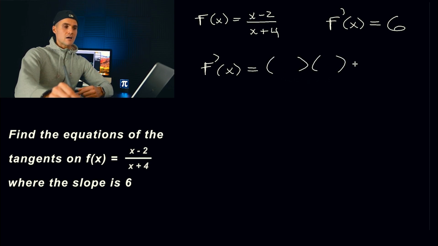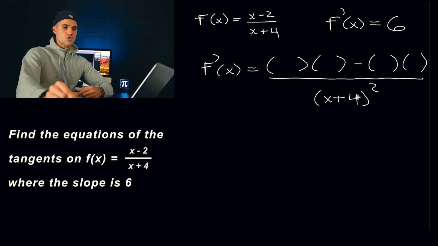I'm going to set up my 4 brackets like this, and this is always over the bottom function squared. This first bracket is going to be the derivative of the top, which is just 1, times the bottom, left as is, which is x plus 4. And then we're going to have the top function times the derivative of the bottom function, which is 1, like that. Now the 1's can go away.